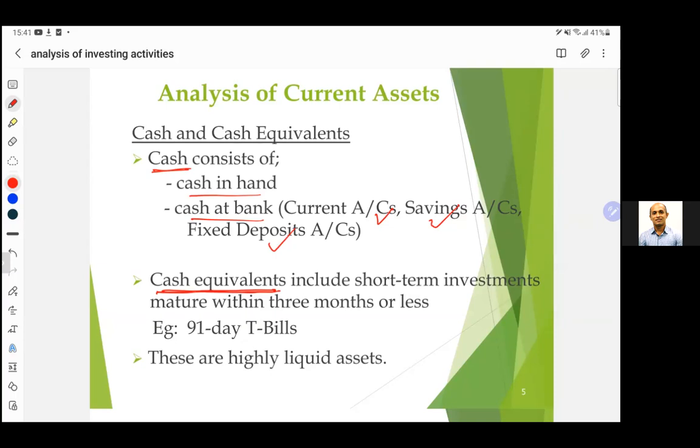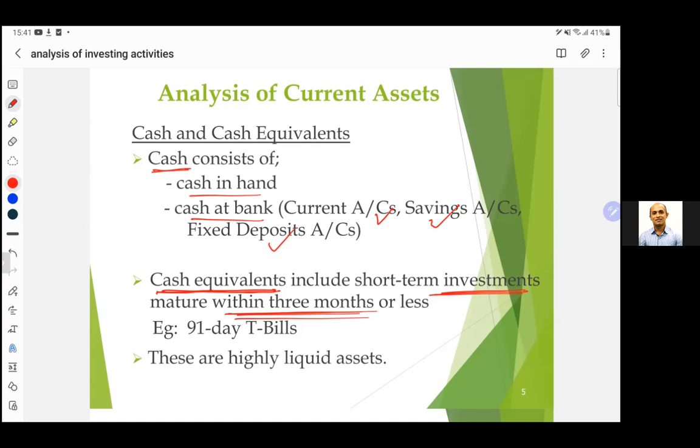In addition, you see cash equivalents. Cash equivalents include investments that mature within 3 months.